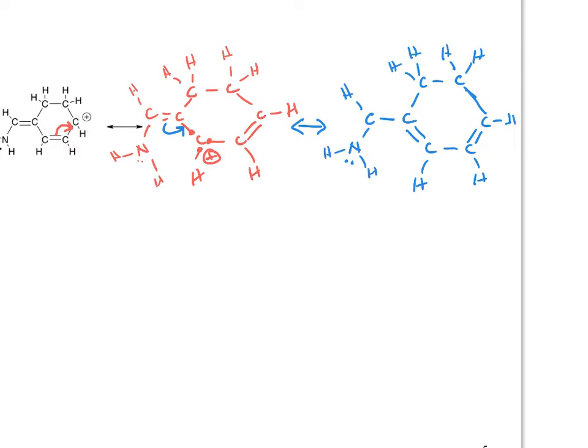And so let's use formal charge. We've got to find out where that positive charge ended up. Well, this carbon here, 1, 2, 3, 4, it should have 4 valence electrons, therefore it is neutral.